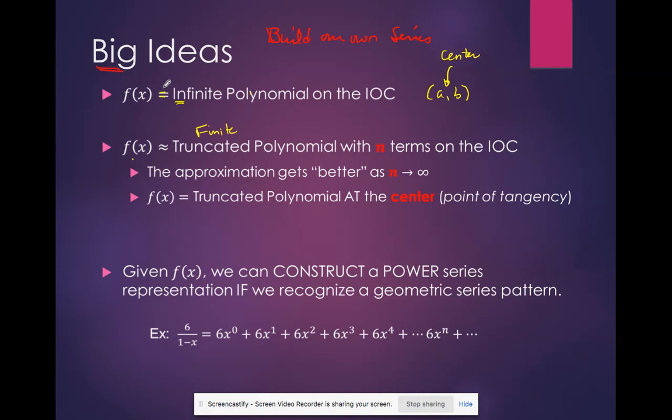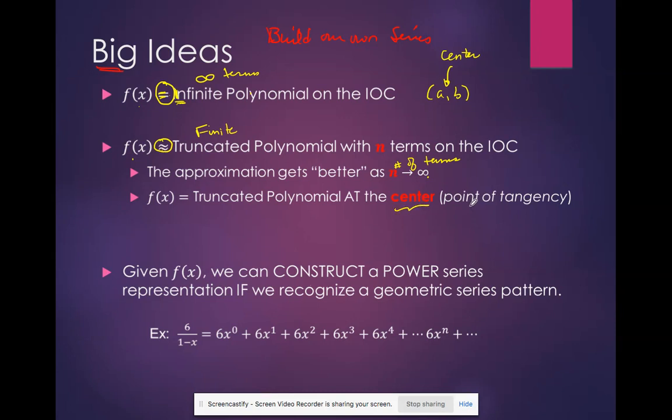If you are talking about series, the function is exactly equal to only the infinite polynomial, otherwise it is approximated if you cut that polynomial off or make it finite. This approximation gets better as the number of terms goes to infinity. And of course, if you actually do go to infinity, you have an infinite amount of terms, and then you are exactly equal to the given function.